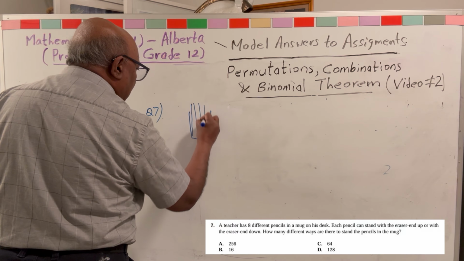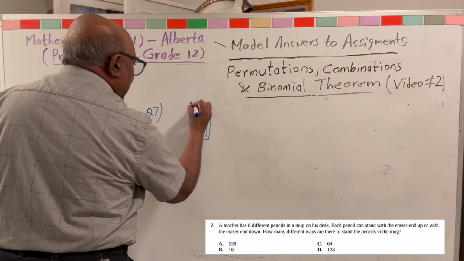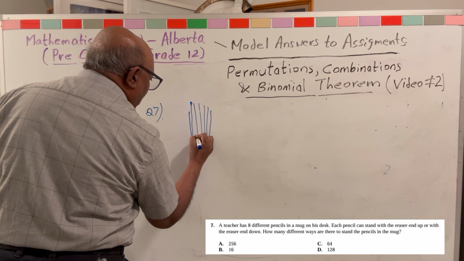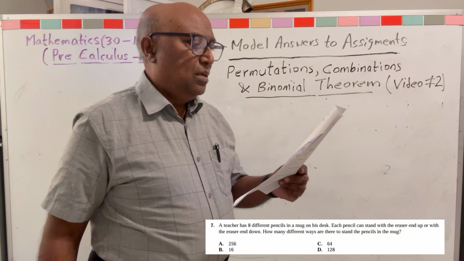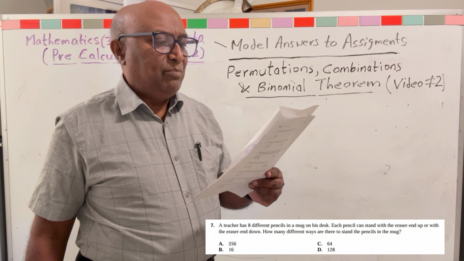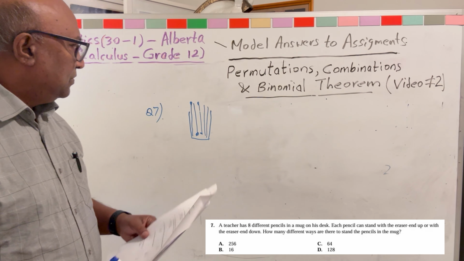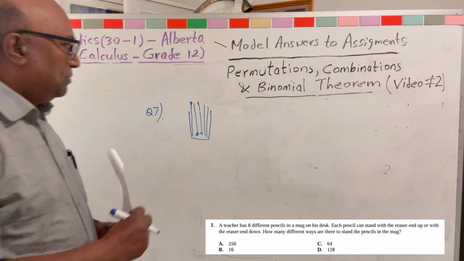I am not drawing, only like this. He can stand eraser end up or down. Both are possible. How many different ways are there to stand the pencils in the mug? That means one pencil can stand in 2 ways.